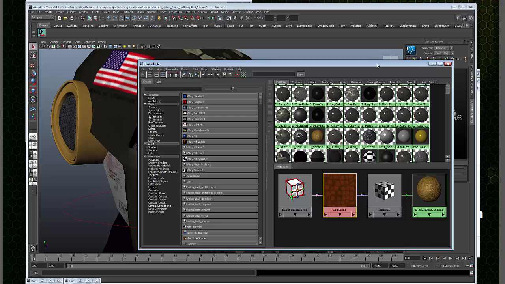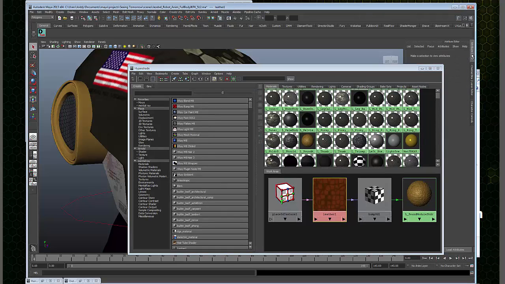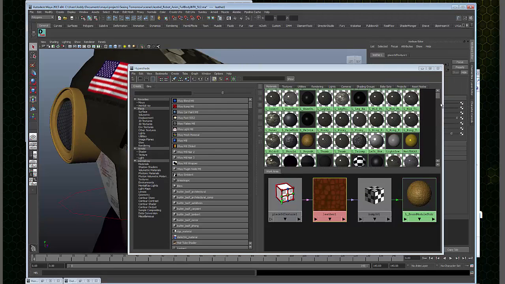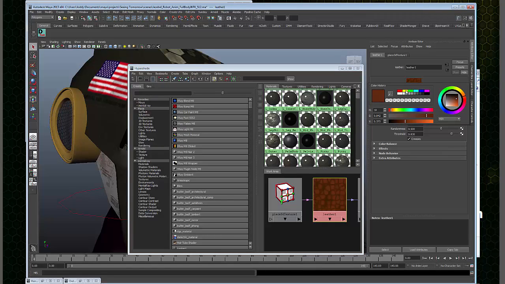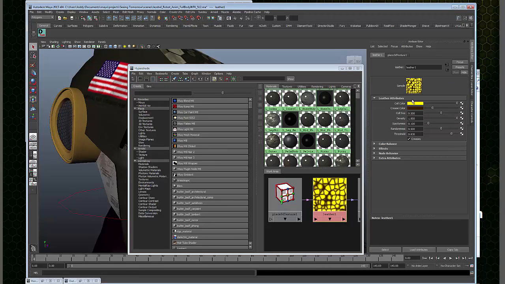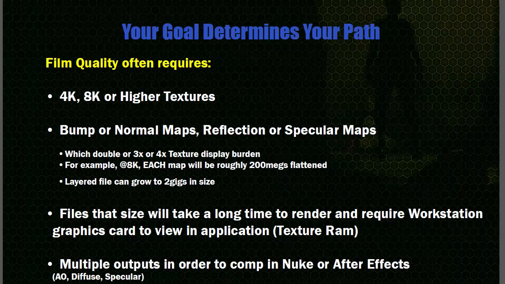It has to be processed by your renderer. You don't want to get into that if you're not serious about it. That's something that's going to double your render time. It's going to slow your process down, and you've got to have the hard drive to support that. Okay.